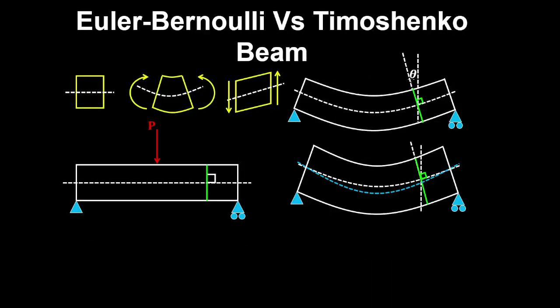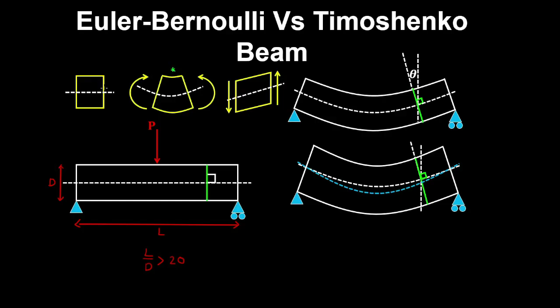As we saw for the Euler-Bernoulli beam, which are beams that are quite thin, so their span to depth ratio is quite large, for example, the span to depth ratio is greater than 20. And here we assume that shear deformations are negligible and only the bending moments cause deformations of the section.